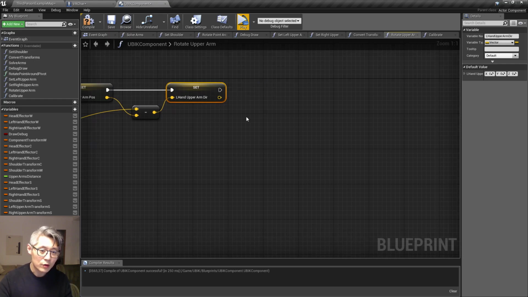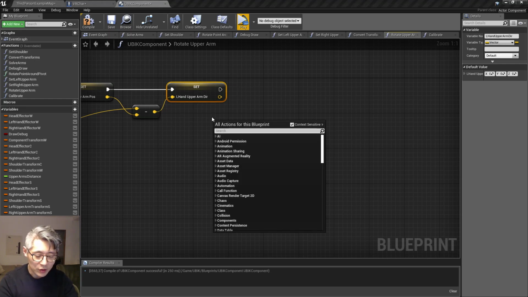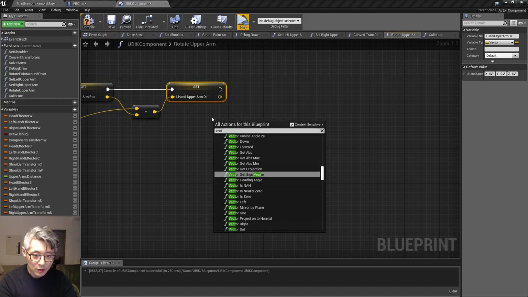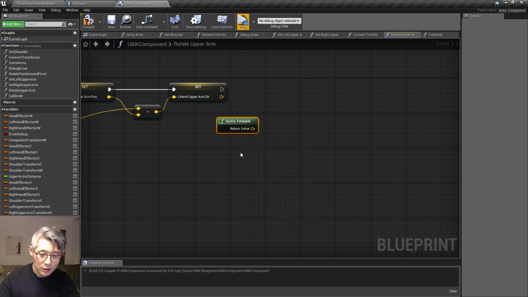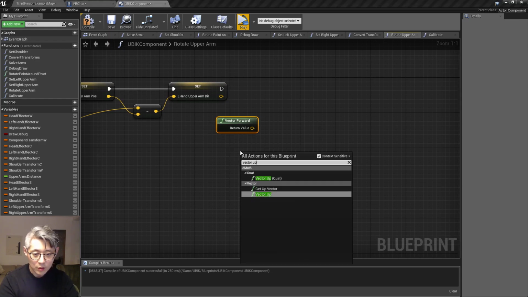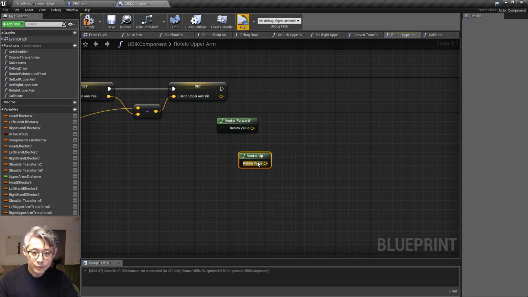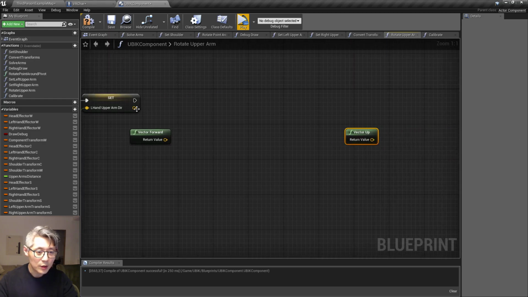So what we're going to do now is create two ratios. One is called the forward distance ratio, and the other one is going to be called the upwards distance ratio. They are both based off some fixed vectors, and because we are in shoulder space, we can safely use the vector forward and the vector up. Let's move this one a little bit out of the way.